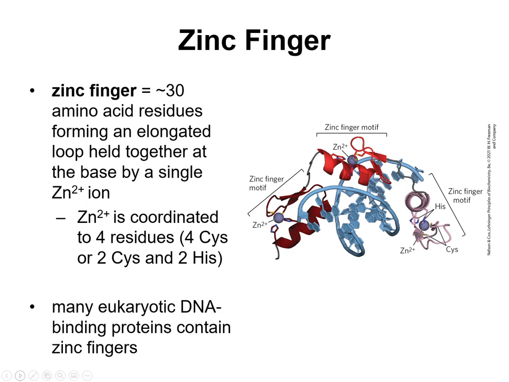Imagine what might happen if one of those were replaced with something else that couldn't do the coordination of zinc. What might happen to that motif? Just throwing it out there. The zinc itself is not involved in coordinating the DNA. It is structural.